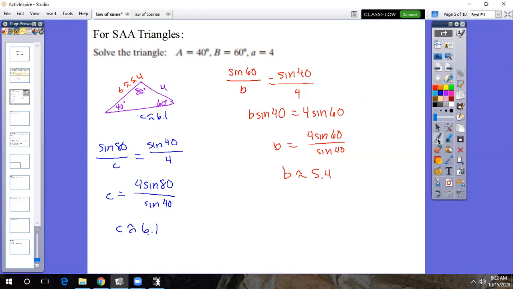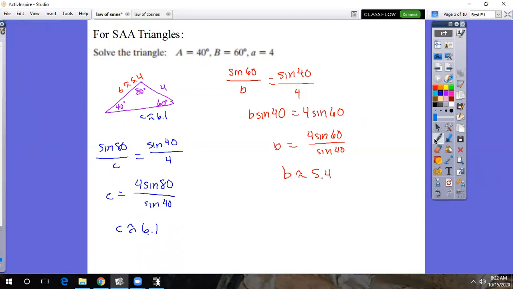For example, the smallest angle should have the smallest side opposite of it. So 40 degrees is the smallest angle, 4 is my smallest side. That makes sense. 80 degrees is my largest angle, 6.1 is my largest side. They're opposite of each other. So logically, my answers make sense. That doesn't guarantee that my answers are correct, but logically they make sense. So we're good.